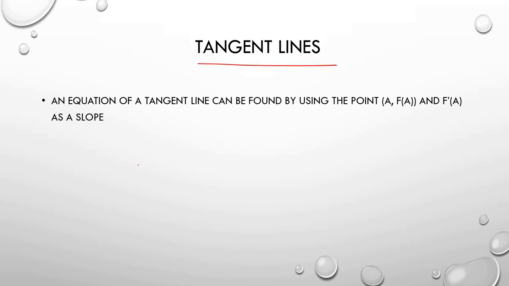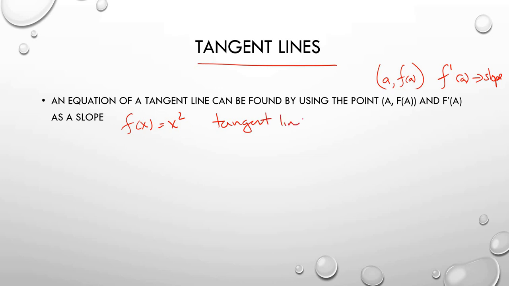So, an equation of a tangent line can be found using the point a, f of a. That's the point that I want to find. And this font would not give me lowercase, so this is really a better way to write it. And using f prime of a for the slope. So let's go back to what we had. We had our f of x equals x squared, and I want to write a tangent line at x equals 1.